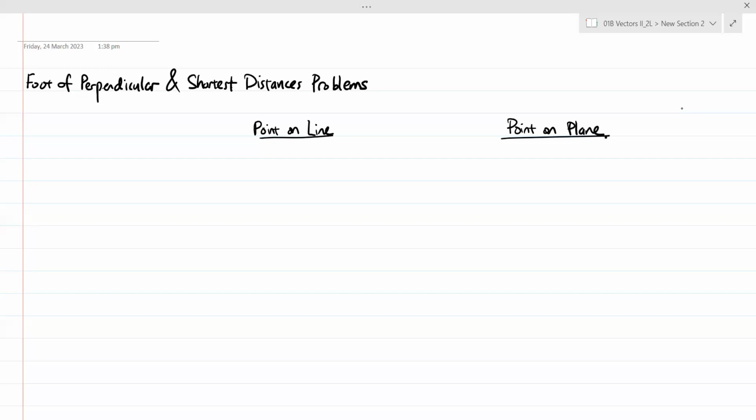So my ON is equal to P plus lambda n for some lambda. For somebody in the country, okay? Now, next, not only do I know that N lies on the line PN, I also know that N lies on the plane.